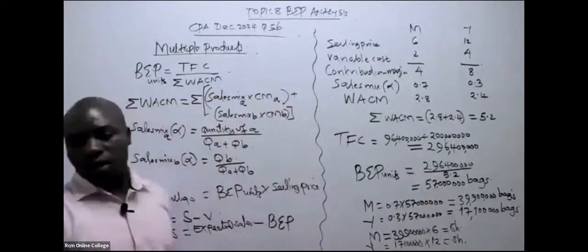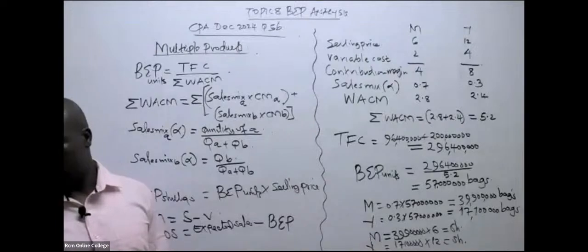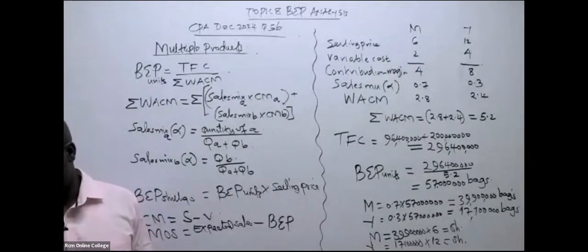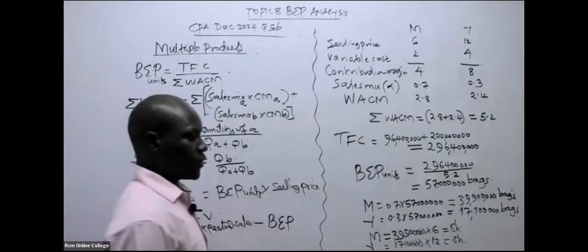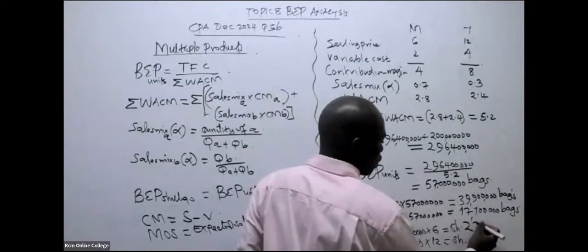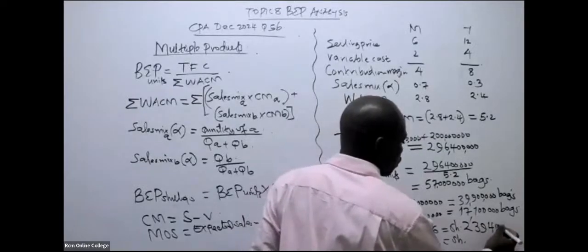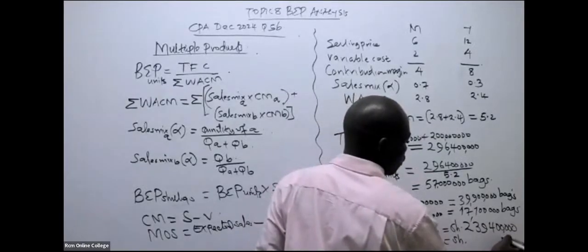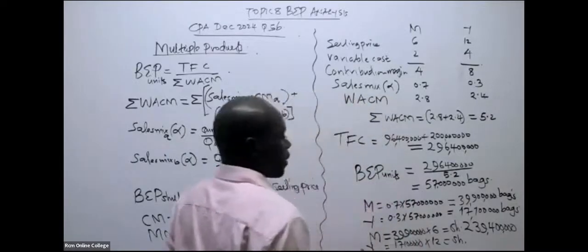For product M, what will be our break-even point in shillings? 39,900,000 we multiply by 6. What are we getting? 239,400,000. Good.